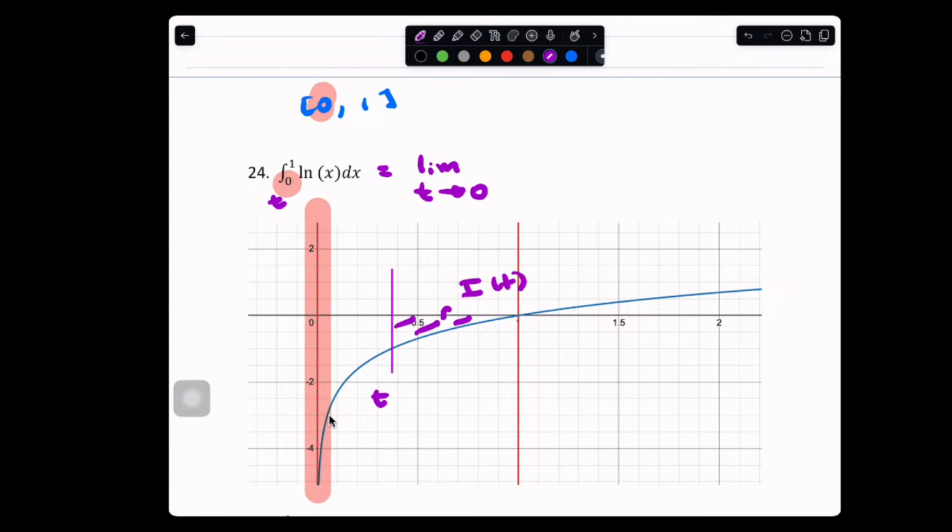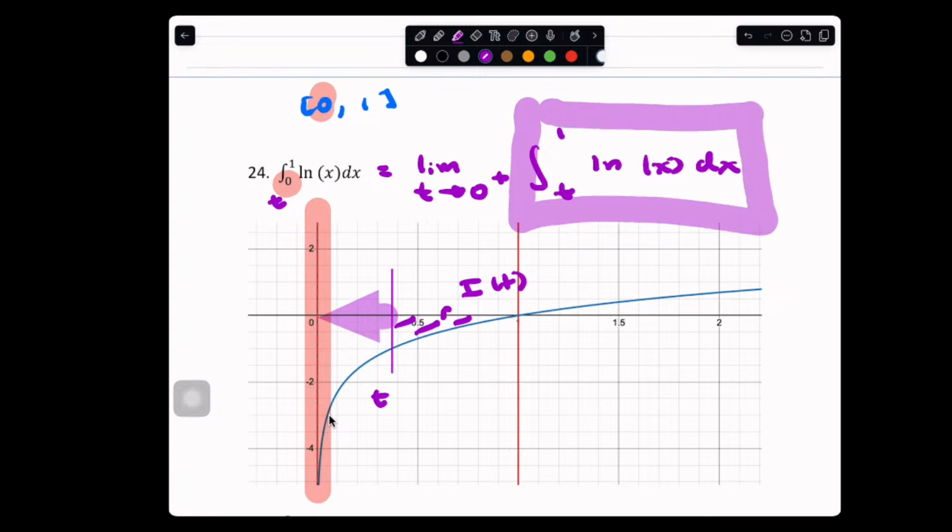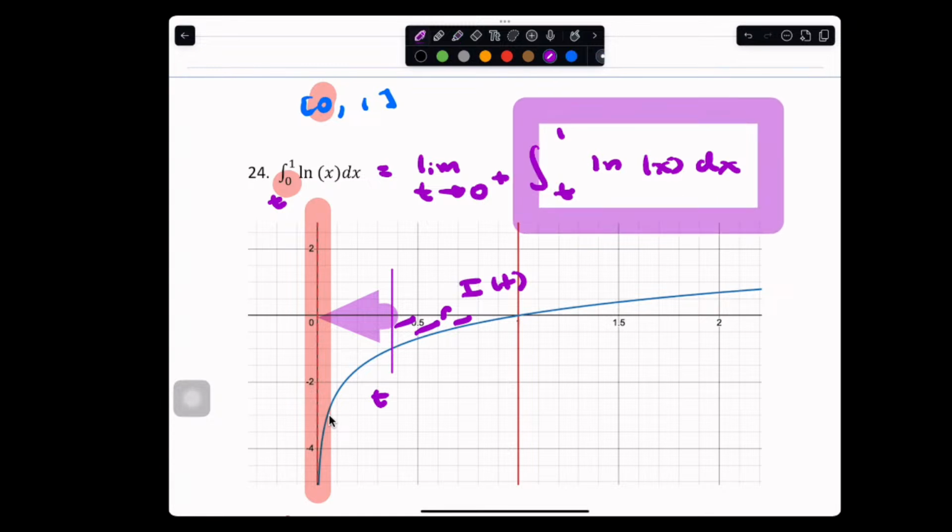So we integrate the natural log curve from t to 1, and then we take that limit as t goes to 0 from the right. So this is, again, the left endpoint discontinuity, and that's what we're looking for. This is I of t.